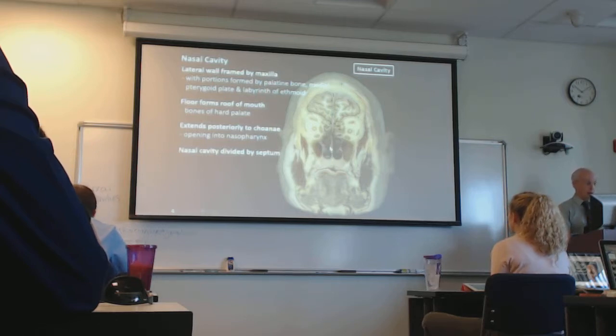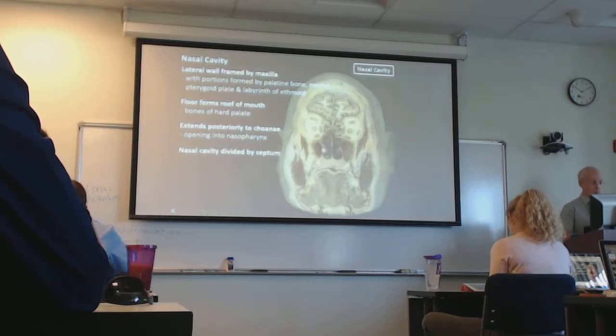And so, of course, the air is flowing over these conchae and turbinates via these openings. And in both courses, we'll talk a little bit about why that is important and necessary. And we'll talk about some of the relationships between the meatus, between these openings and surrounding structures.